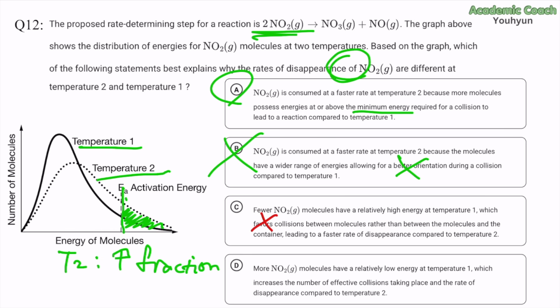The collisions will definitely be fewer, either between particles or between the particle and the container. So C is not correct. D, more NO2 molecules have a relatively low energy at temperature 1. That's correct, which increases the number of effective collisions taking place. No, it decreases the number of effective collisions taking place. So D is not correct either.